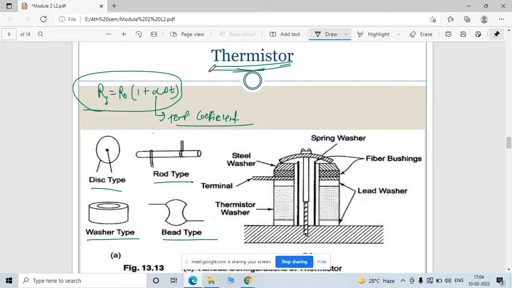So a thermistor has a negative temperature coefficient.